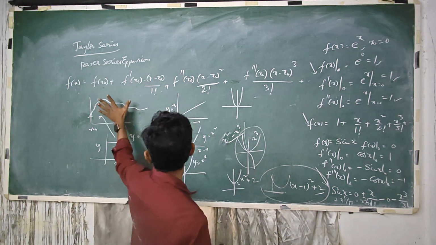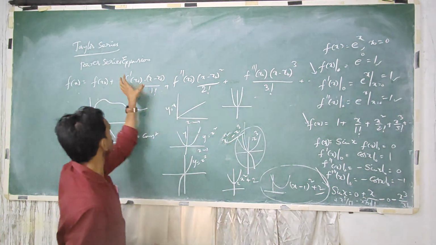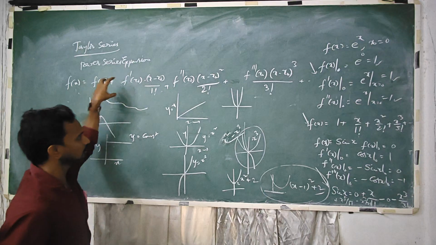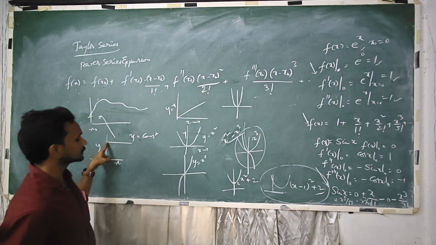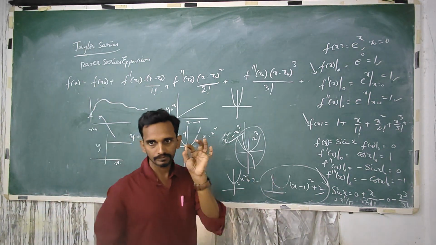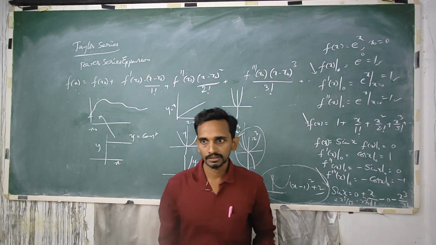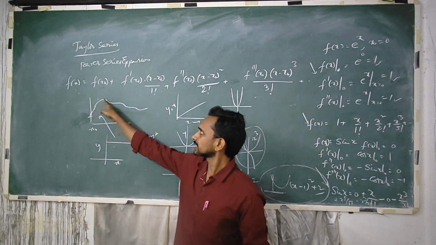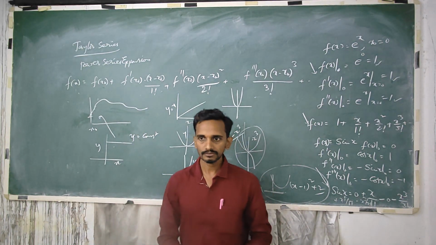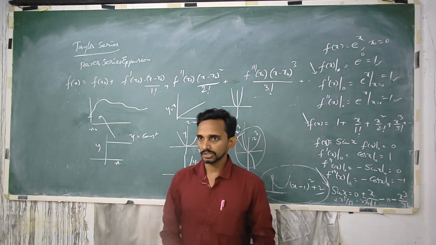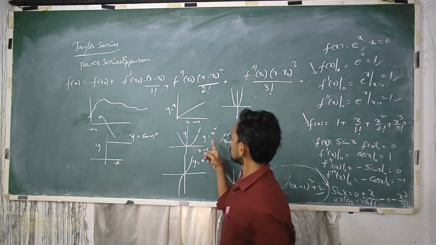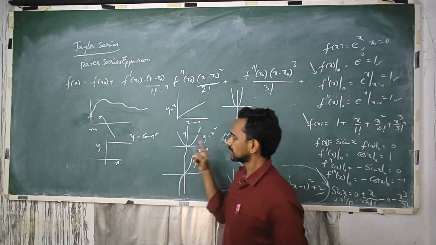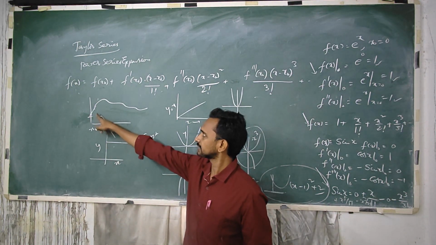So is this clear? If you know the value of the function and its derivatives at a particular point, only at a particular point, that information can be used to generate the entire curve. So if the derivative includes x cube kind of term, x square kind of term, then we can predict which way it will move.